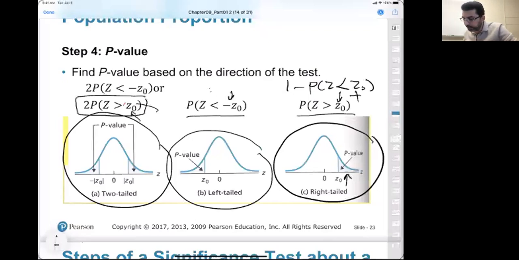Again, this probability is 1 minus the probability that Z is less than Z naught, like the first case we had here. But if it's negative, you have 2 times the probability that Z is less than negative Z naught, because in this case it's negative. You can find this probability directly from the table, but don't forget to multiply by 2 because it's a two-tailed test.